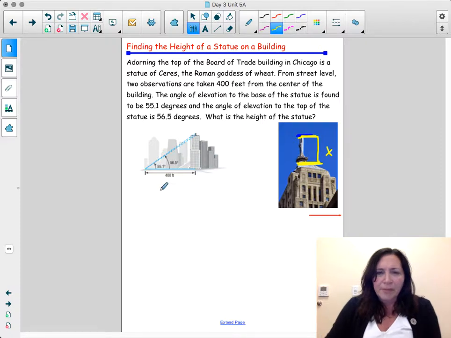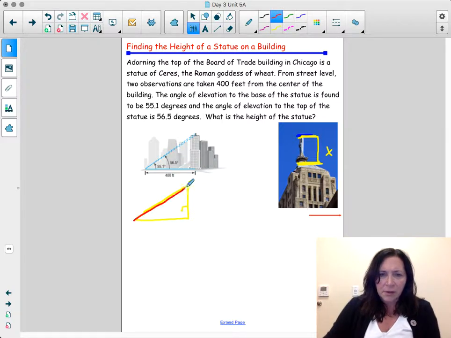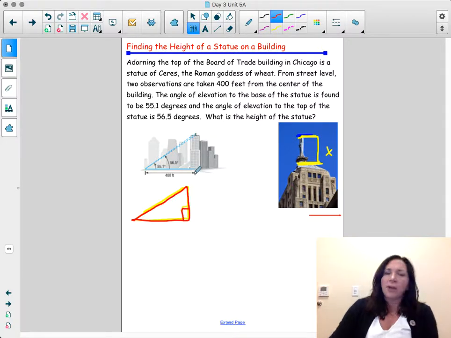Okay, so basically what you're doing is you have two separate triangles. You've got one triangle that goes to the very top of the statue.